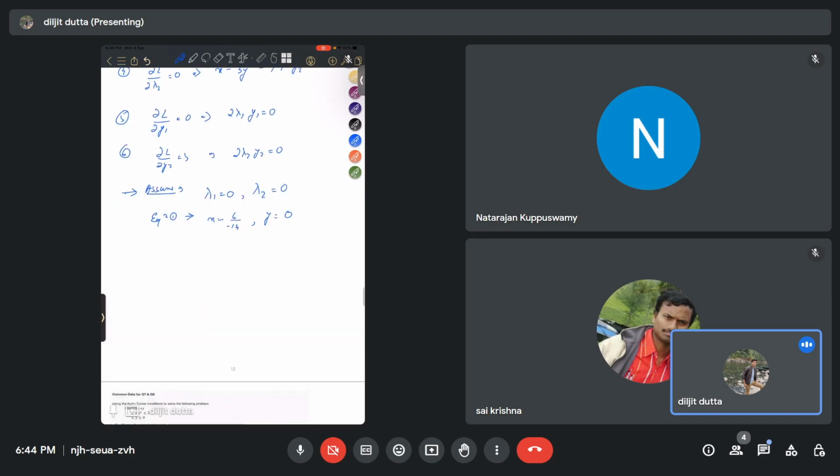So this is one condition, x equals minus 3 by 7, y is equal to 0. This is one solution when both lambda 1 and lambda 2 are equal to 0.